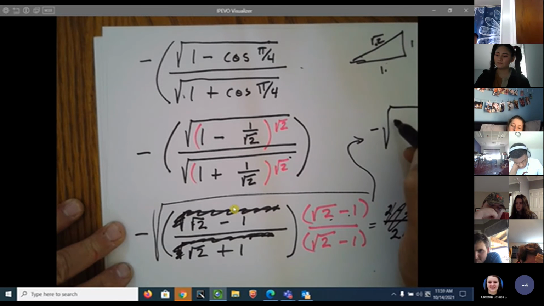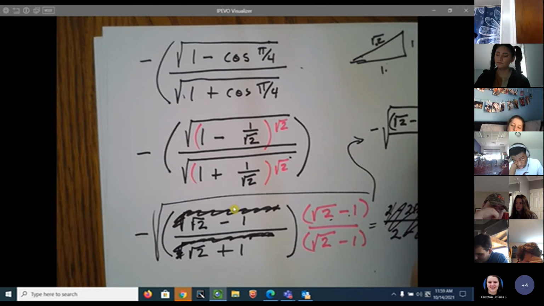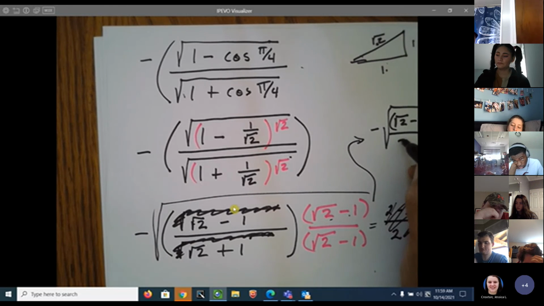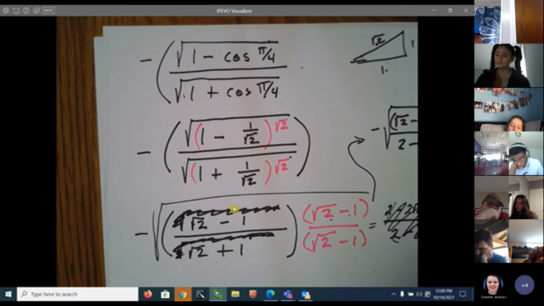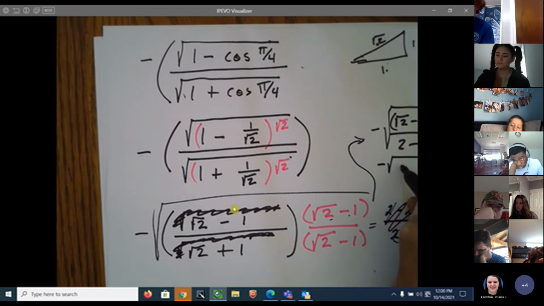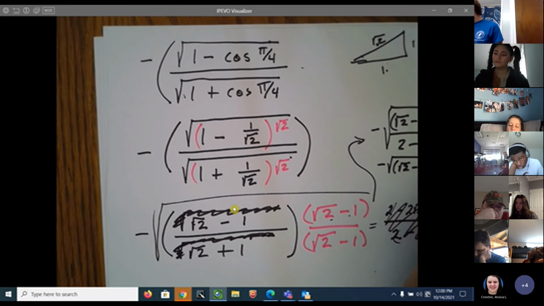That's going to be square root of 2 minus 1 quantity squared over 2 minus 1, which we had that. They just didn't want the quadratic. And the square root of 2 minus 1 quantity squared, take the square root, and that cancels.